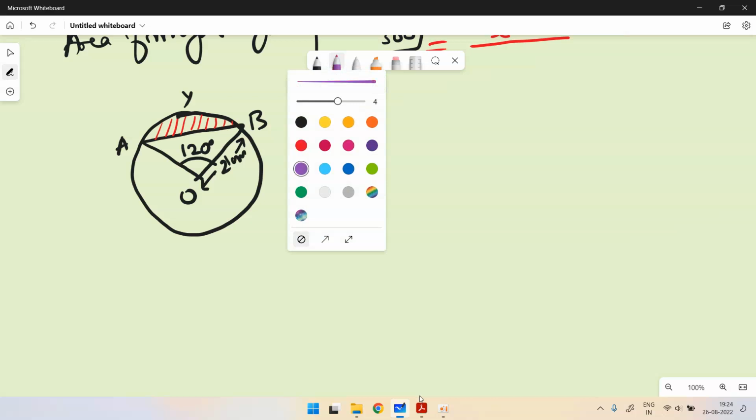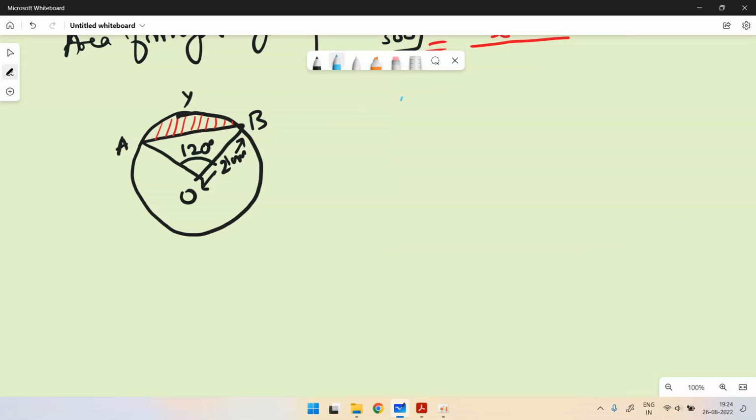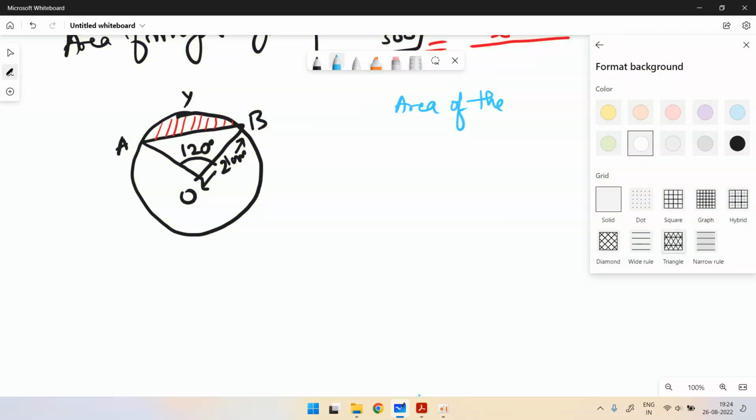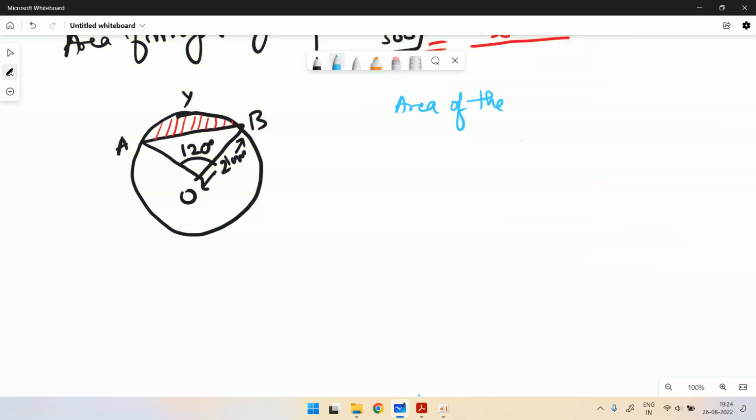So first, the area of the sector will be equal to theta by 360 into pi r square.